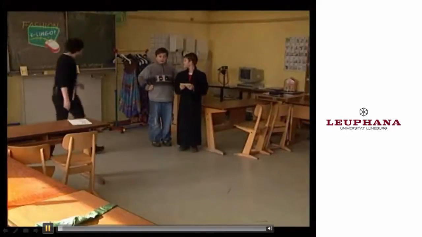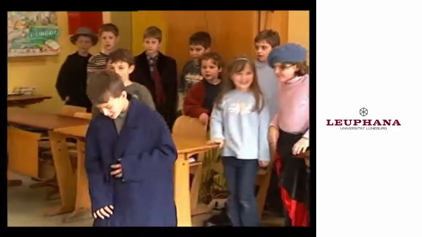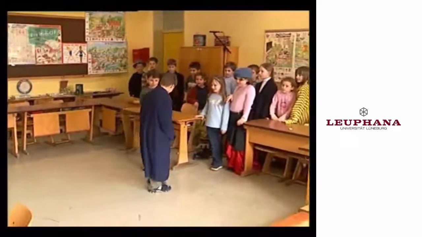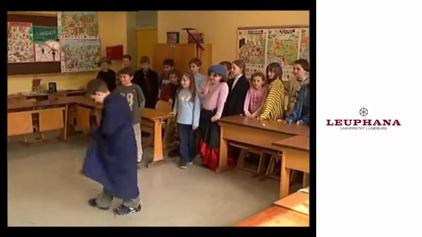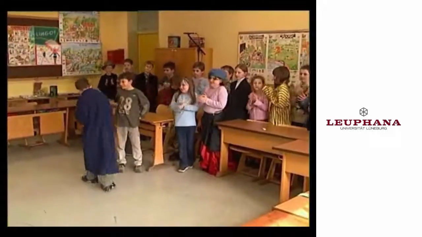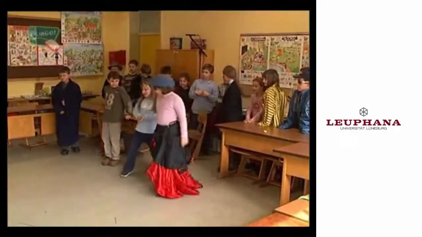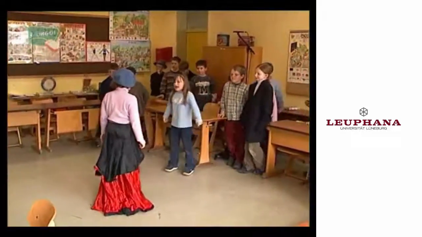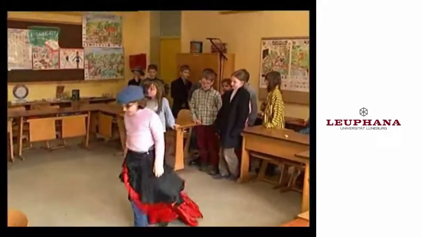Here we go, the show. First, this is Tim. He is wearing a dark blue coat and trainers. Now, the second. In the second, this is Naomi. She's wearing a blue hat and black and red skirt and black shoes.